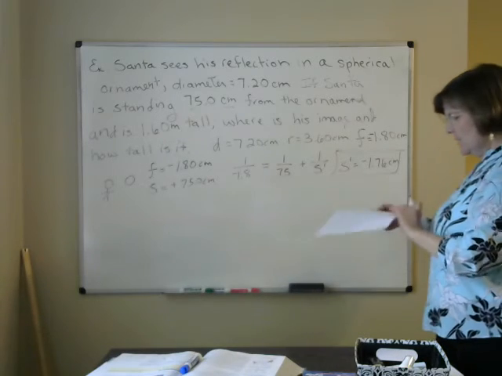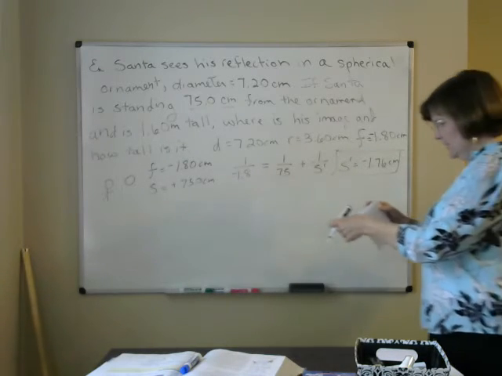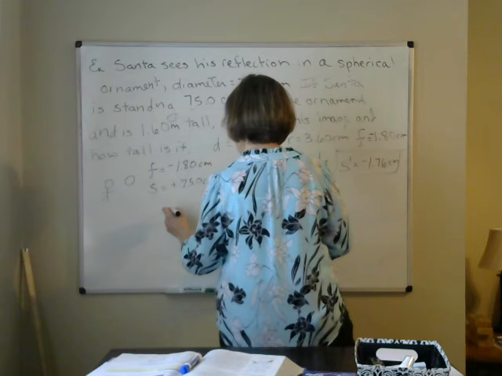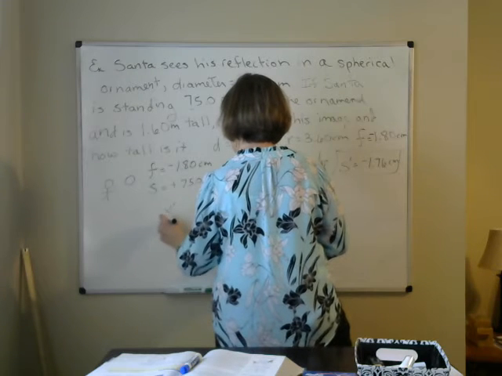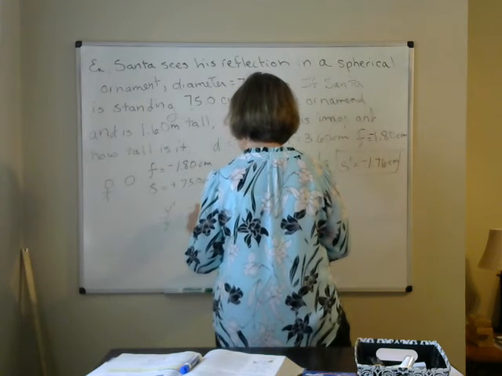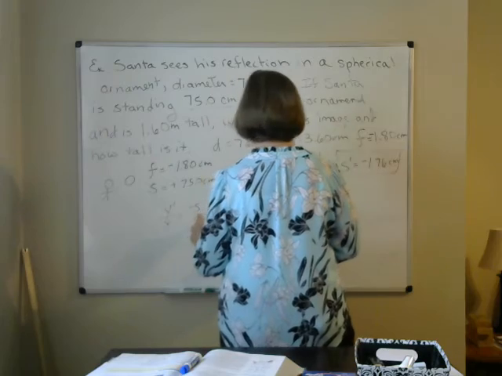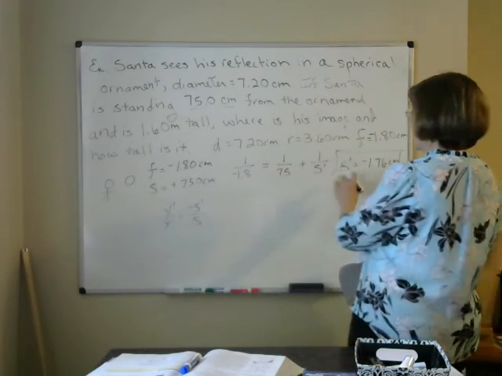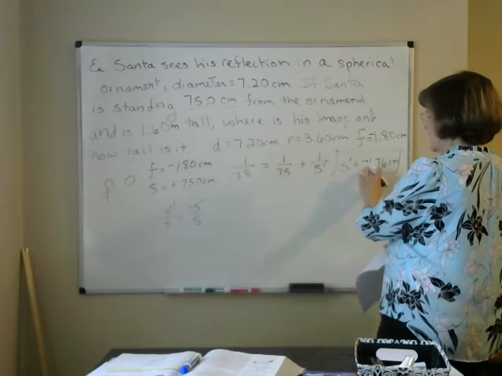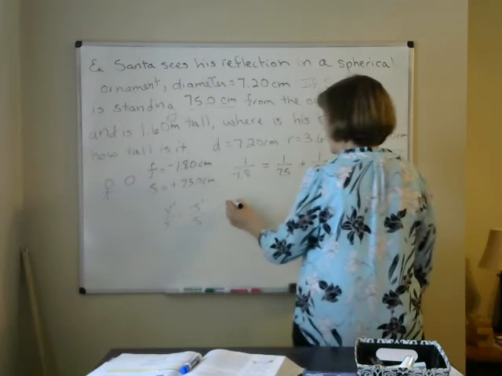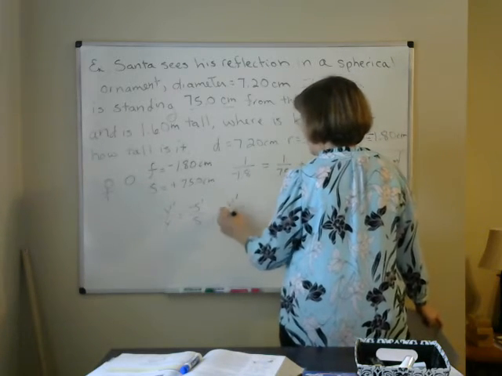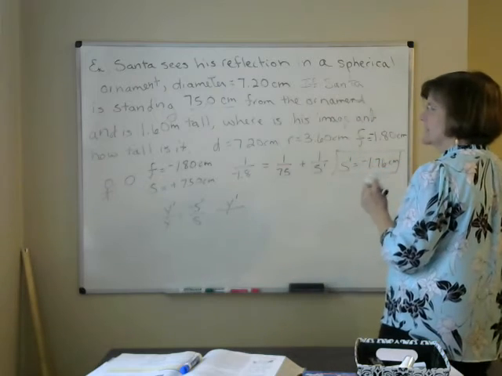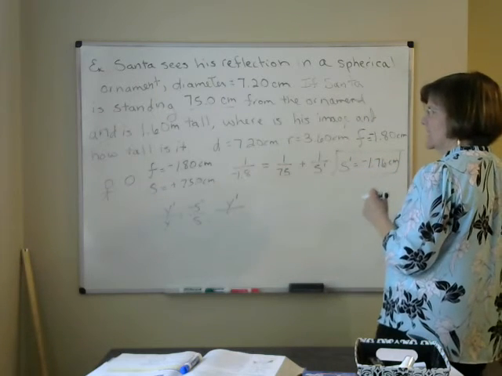To get how high his image is, we can say that y prime over y equals negative s prime over S. Notice that S prime is negative, so this will come out to be a positive. So Y prime, okay, he's 1.6 meters, but let's change that to centimeters.